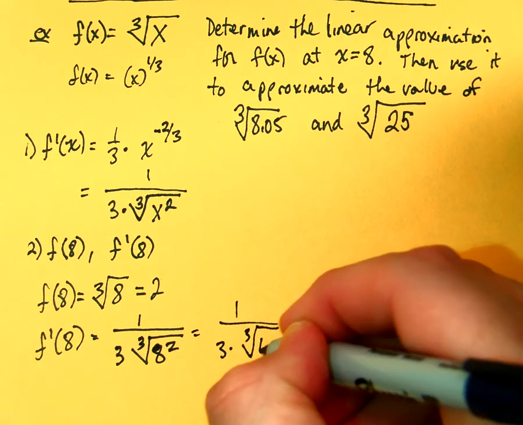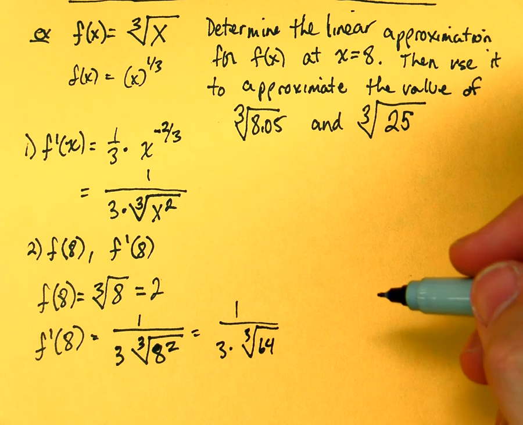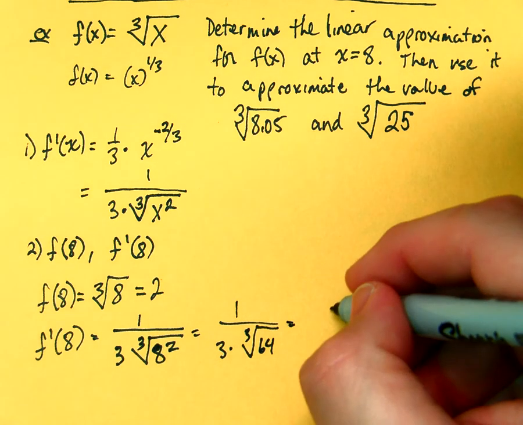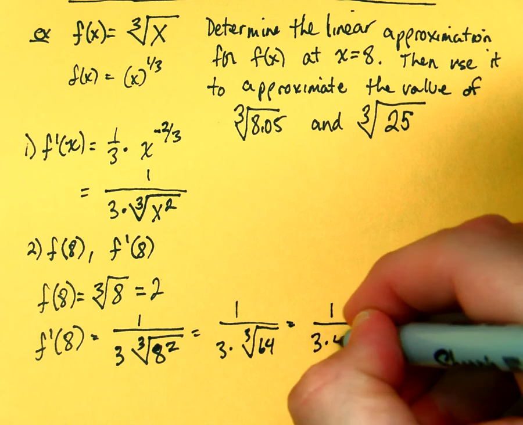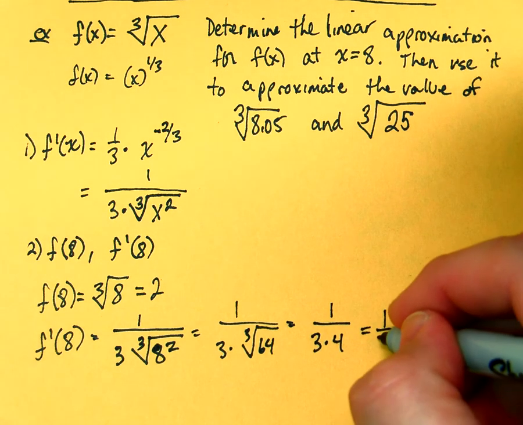Do you know what the cube root of 64 is? 4. So it's 1 over 3 times 4, which is 1 over 12.